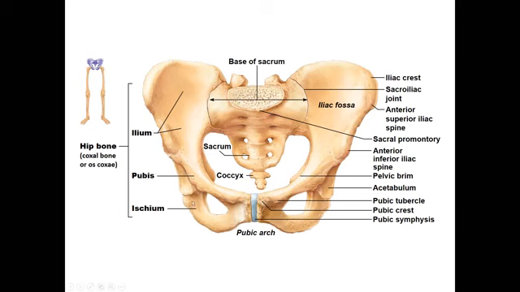Then we've got the ischium, which is coming from behind and coming up to here. And then the pubis, which has 2 rami, the superior and the inferior ramus. Those 2 pubis bones are joined by the pubic symphysis. That was cartilage, remember, elastic cartilage.